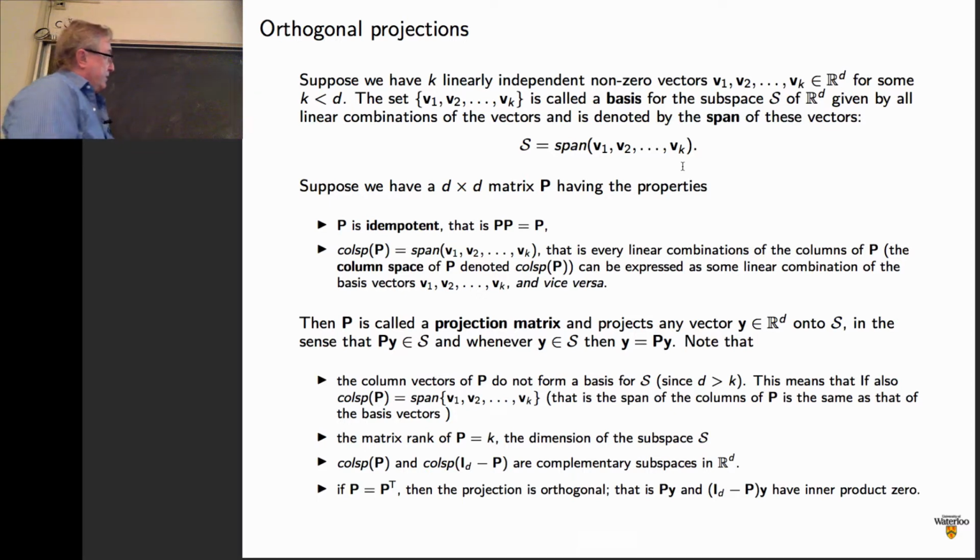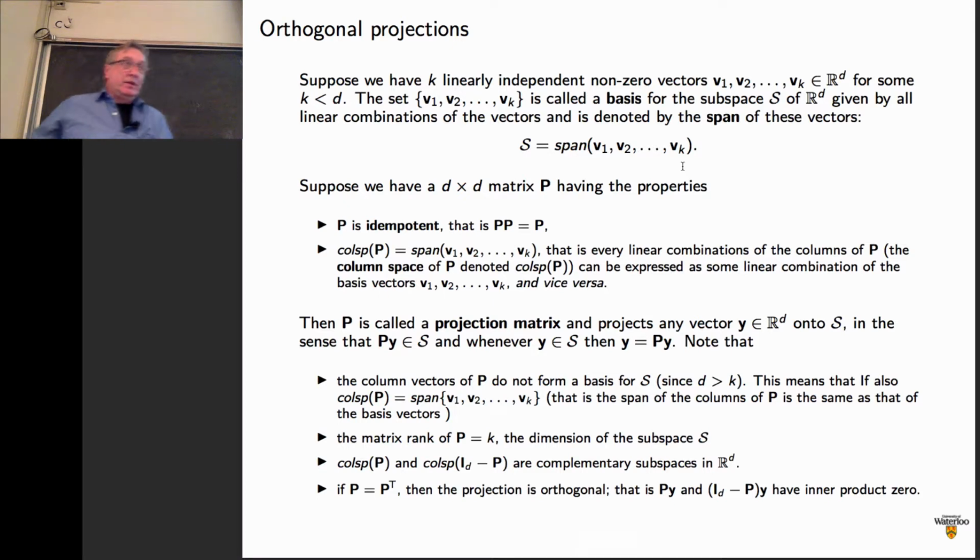And now think about a matrix that is d by d, that has the following property, that it's idempotent, in that P times P is P itself again. So it just brings it back to itself. And think of applying that to any arbitrary vector, y. If that matrix P has that property, it's going to be a projection matrix. So P times y is going to return another vector.